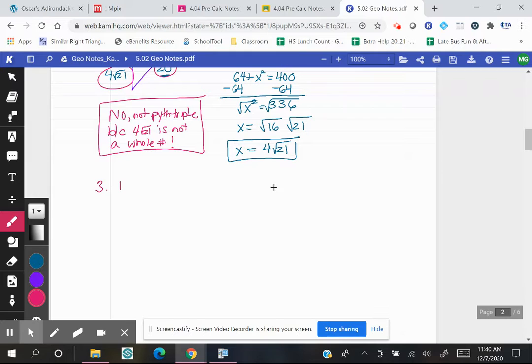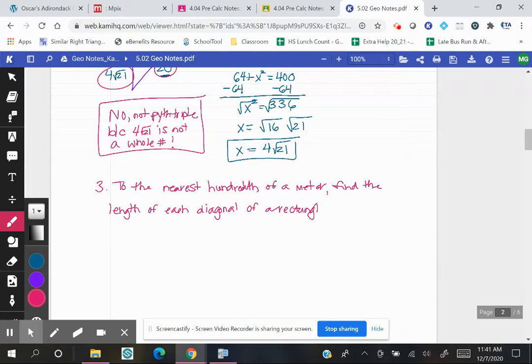Okay, let's do another one. To the nearest hundredth of a meter, find the length of each diagonal of a rectangle with length 5 meters and width of 2 meters.